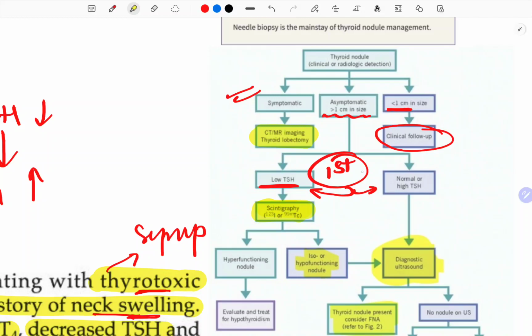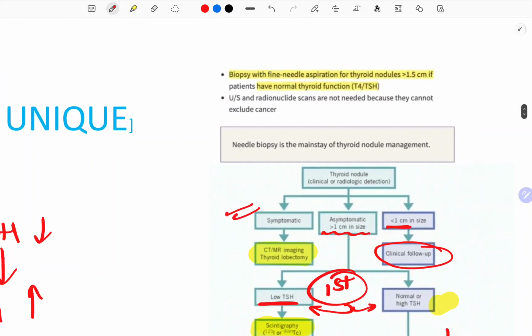Now if the first investigation shows normal TSH, the next thing you will do is go for an ultrasound if it has not already been done. And if it has already been done, then the next investigation we are going to order is the FNAC. Now a very important point here, I would tell you that biopsy with FNAC is to be done for all the nodules that are more than 1 centimeter.